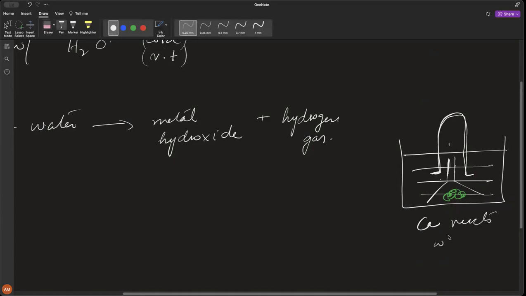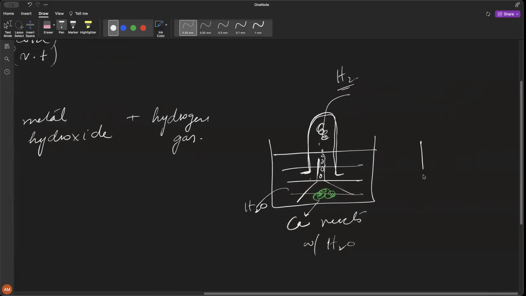This is water, H2O. This is calcium. So calcium reacts with water, and we see that this region stays empty because of the hydrogen gas that is being deposited over here. Why? The bubbles of hydrogen gas are going to move up, and they are going to accumulate over here.